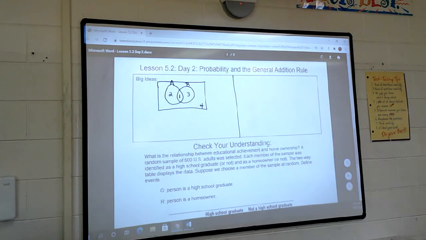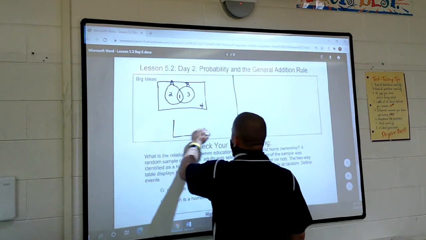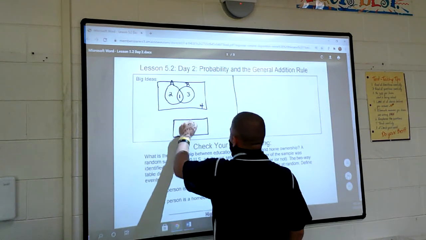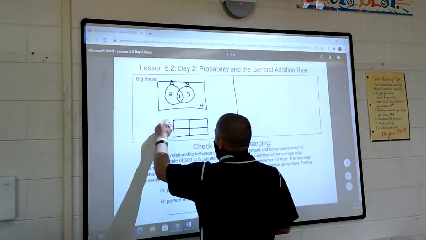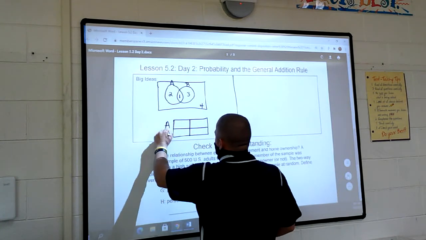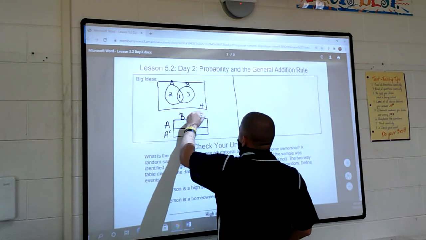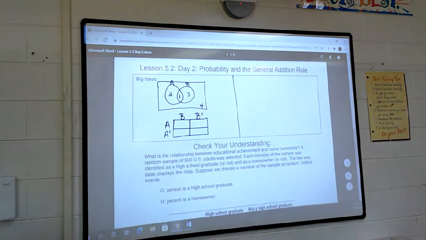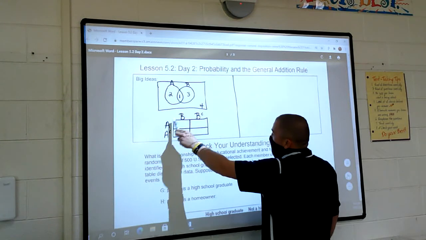Now, you want to see, how does this relate to a two-way table? So think about a two-way table looks like this. So you want to make a two-way table. You have A, not A, so that means A complement. B, not B. Okay? So, where is A and B found in the Venn diagram? 1, right?